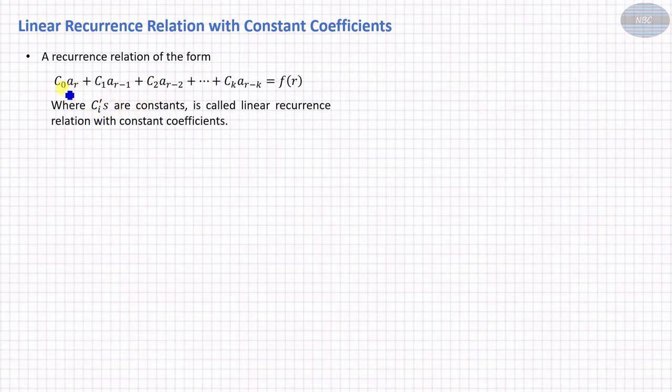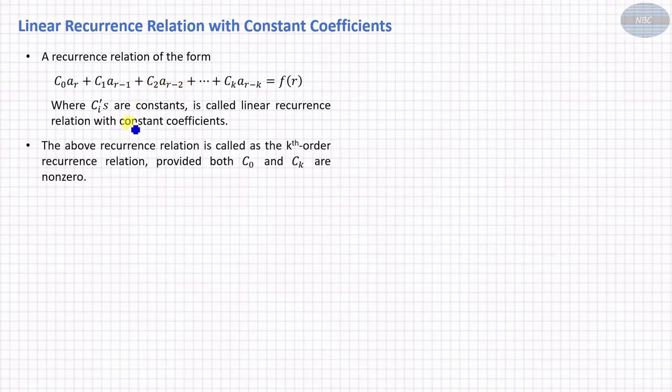So these C0, C1, C2 up to Ck are all constants. Such a recurrence relation is called a linear recurrence relation with constant coefficients.